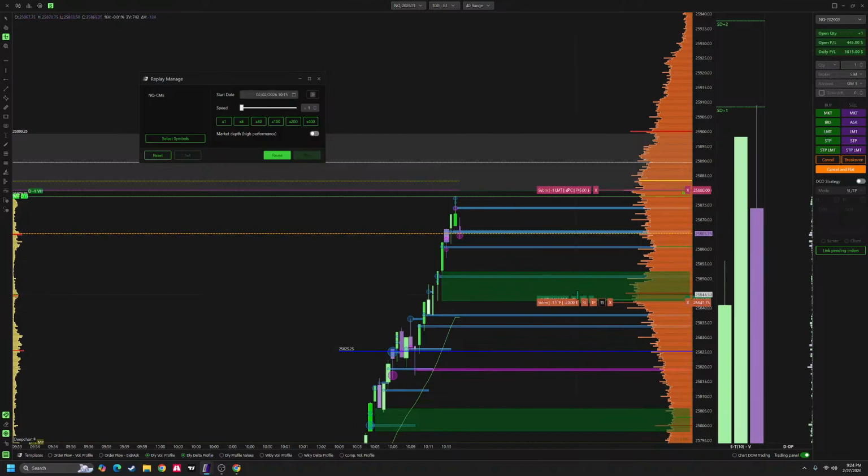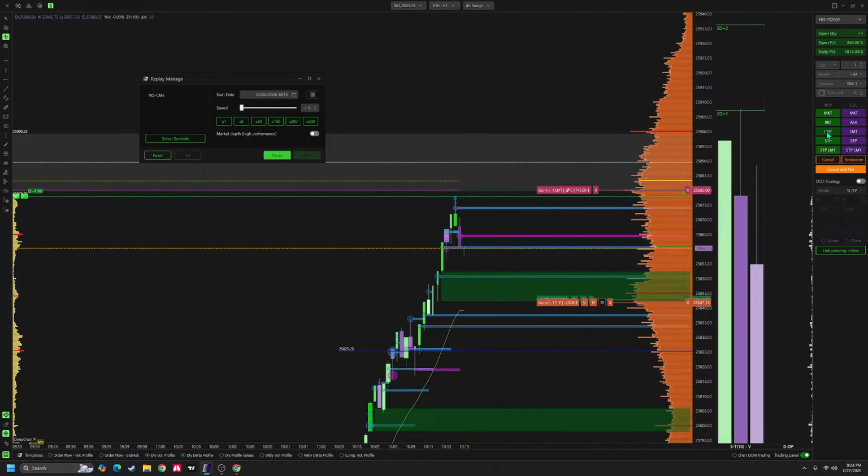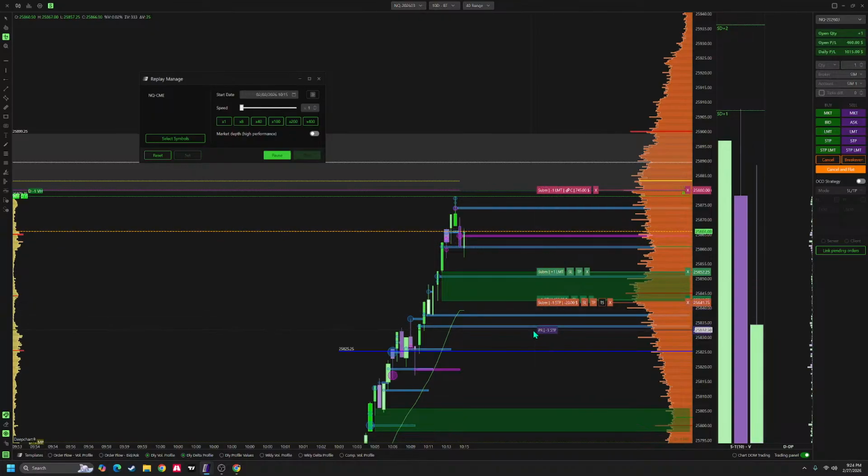Now, if my risk tolerance suited me, we're already back to break even. I could add another one in, which I'm going to right here. I'm going to add another contract in with that deeper stop loss with our take profit right here.